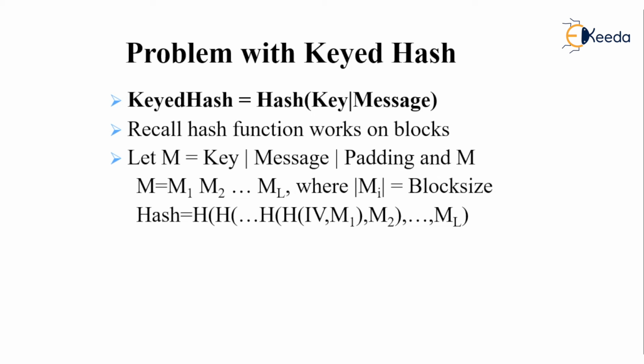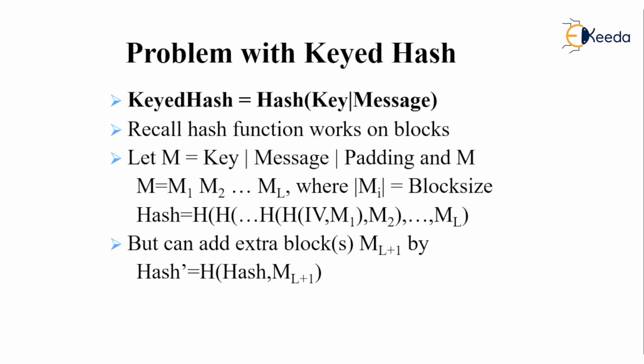So sometimes it becomes very problematic to properly implement the hash functionalities on the plain text messages, but we can add an extra block, ML plus 1, which is considered as an extra block of the plain text message.